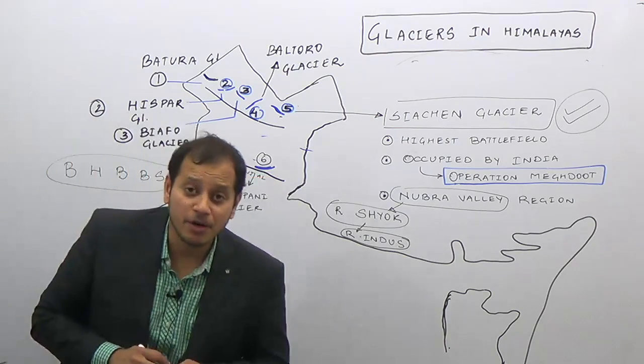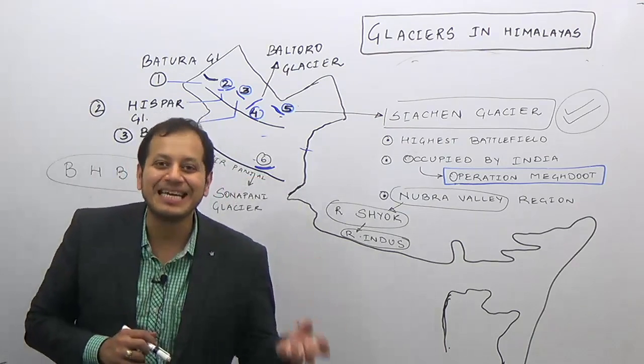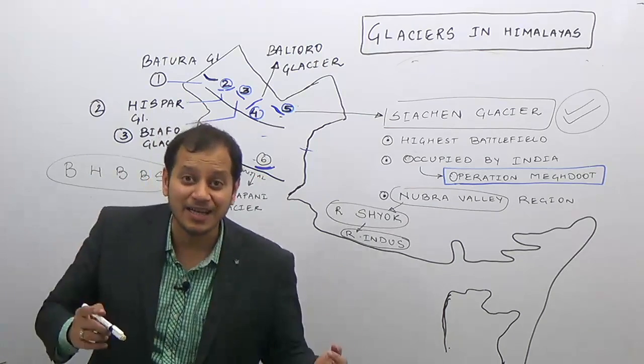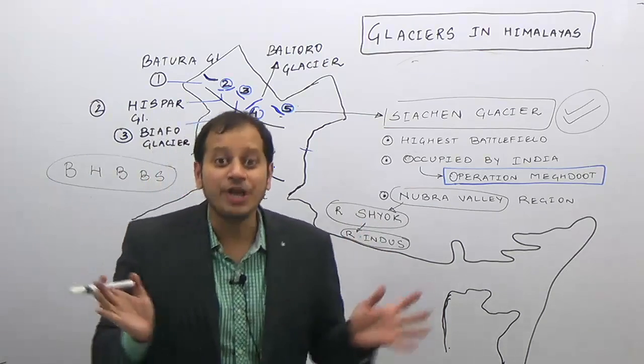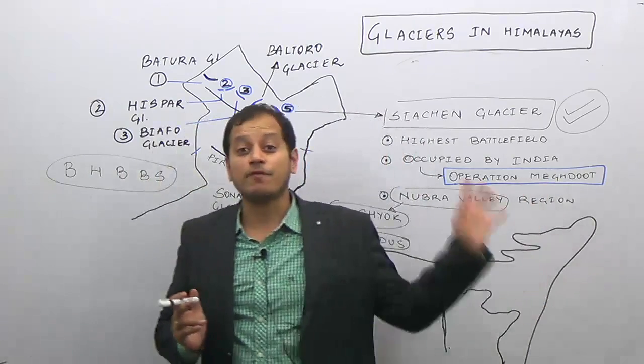Now, what is the importance of the Sona Pani Glacier? It forms the headwaters of River Chandra. River Chandra and Bhaga join together to form River Chenab, which is the tributary of River Indus.